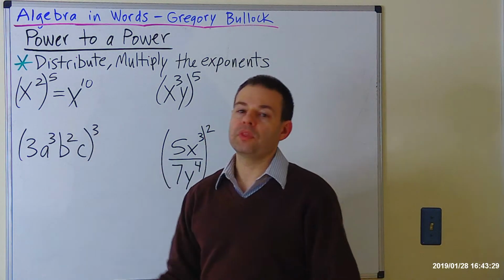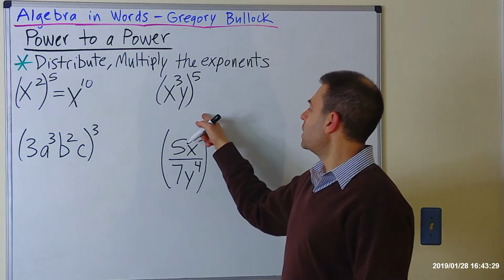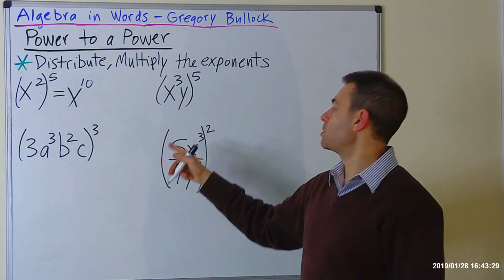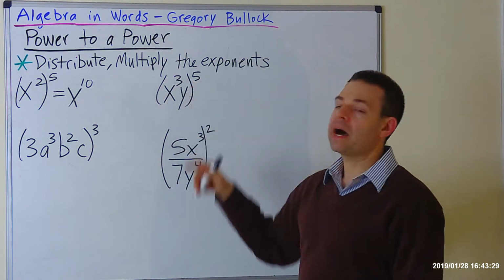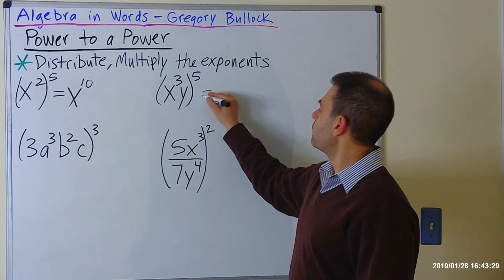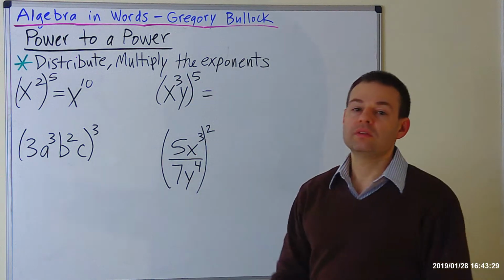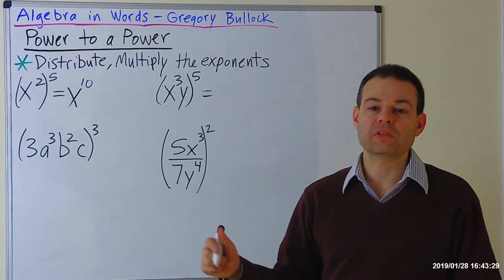In the first example, there was only one variable to the power of 2. But in the next one, we have 2 variables, x cubed and y to the unwritten power of 1. So in that case, the first thing that you want to think of is distributing the exponent of 5 to each of the exponents of the variables inside.